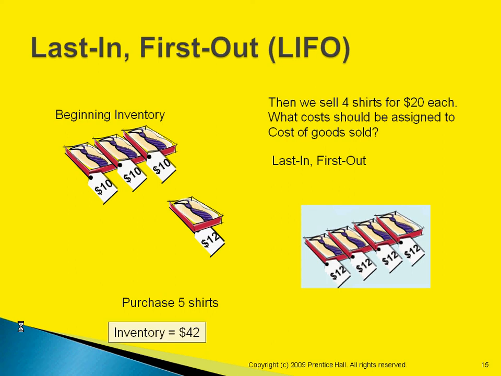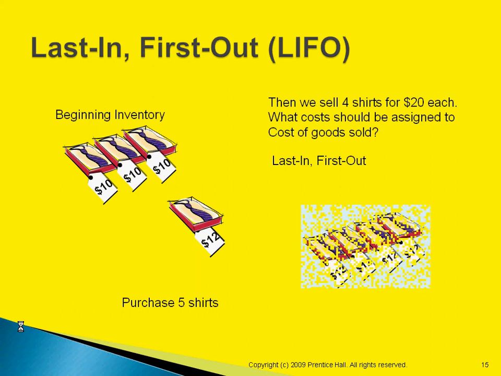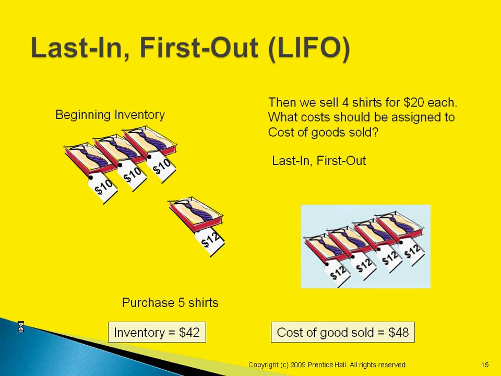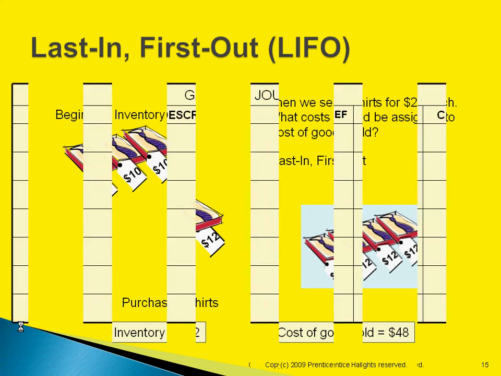That would be the layer of 5 shirts at $12. We pick out 4 of those times the 12. Our cost of goods sold is $48. What's left in ending inventory are the oldest costs, $42.